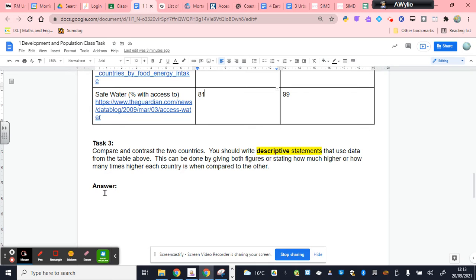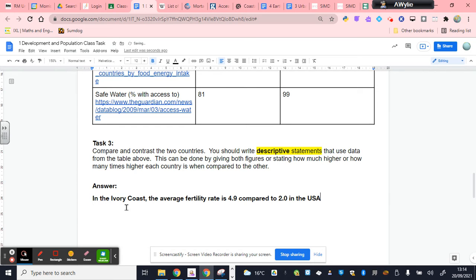So if we were to write that as an answer, we would say, in the Ivory Coast, the average fertility rate is 4.9 compared to 2.0 in the USA.